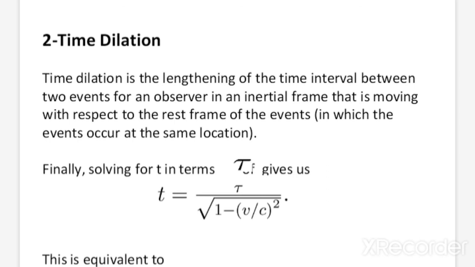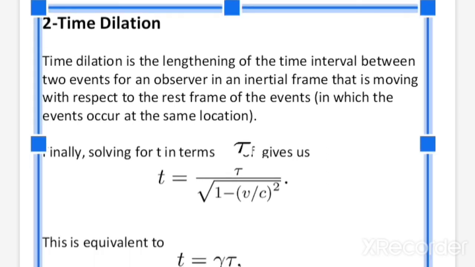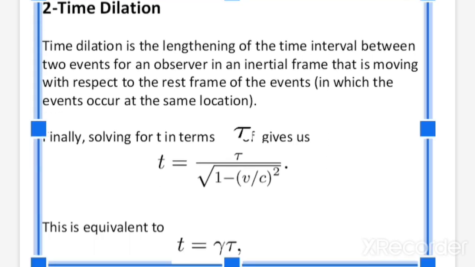Then similarly we calculate the time interval with the help of the Lorentz transformation and get del t' is equal to del t root of 1 minus v square upon c square.